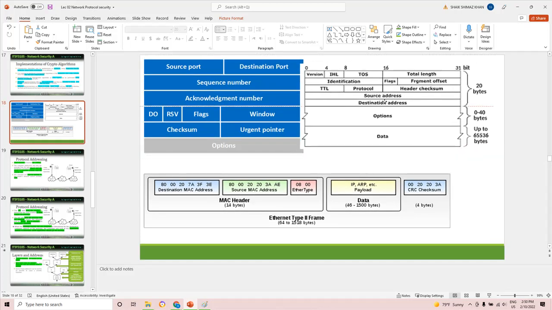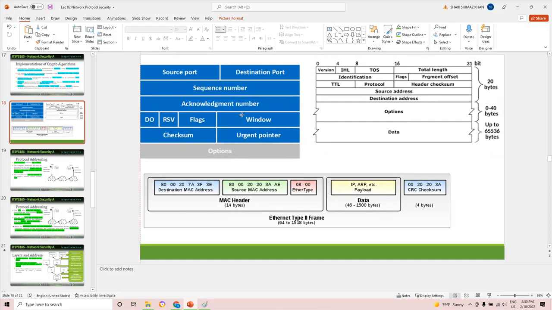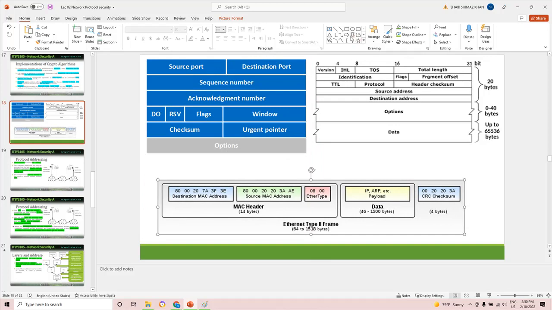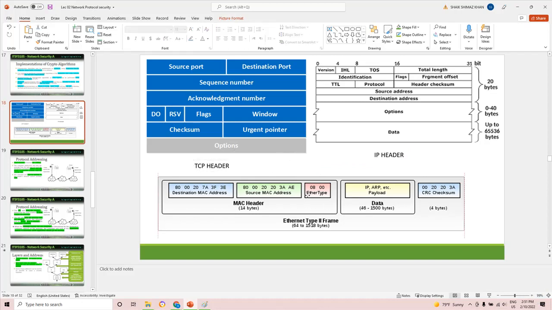This one is the IP header, this one is the TCP header, and this one is the frame header, the Ethernet frame header. Let me give the names, otherwise you might get confused. The TCP header works in the transport layer, the IP header works in the IP layer, and the frame header works in the data link layer.